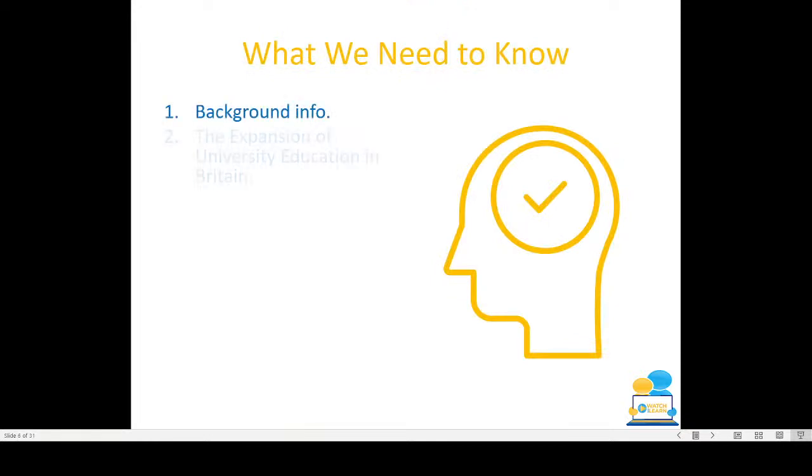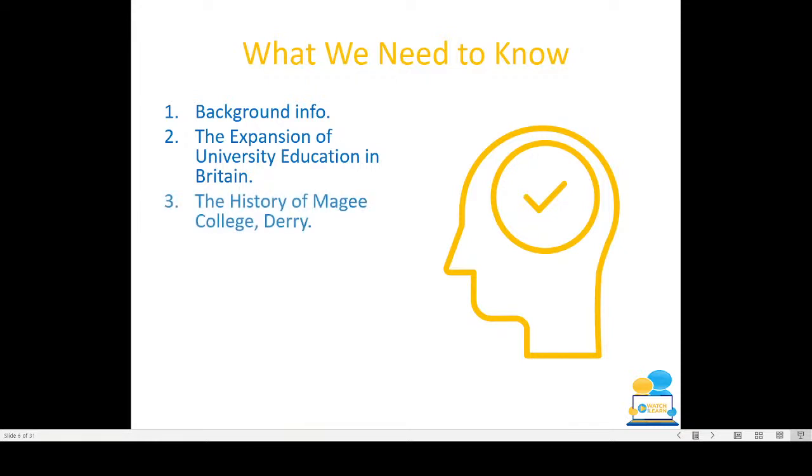We can break the content of this topic into a couple of different sections. We'll cover some background info, the expansion of university education in Britain, and how that shaped the expansion of university education in Northern Ireland. We'll look at the history of Magee College in Derry, and how the word controversy is going to come up a lot here, as the history of Magee College caused controversy around this issue.